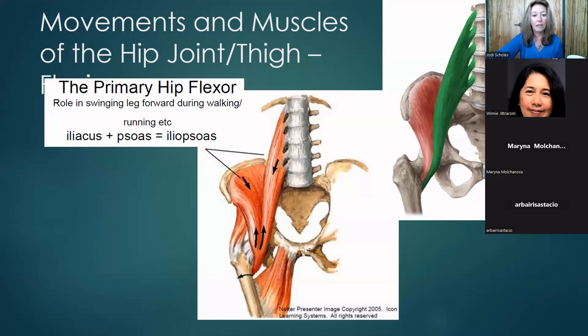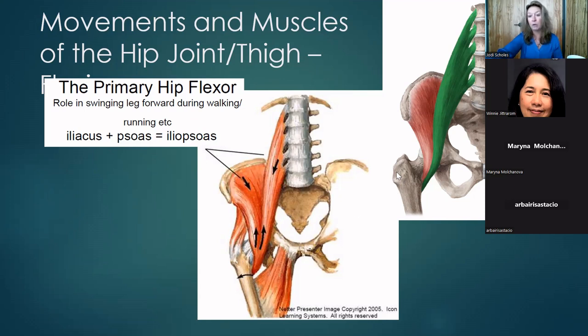We've got a bony landmark out here called the greater trochanter. If you are female, your hips kind of go out and then come in, right? The widest point is where those greater trochanters are. They're lateral, on the outside, greater trochanter, right here.